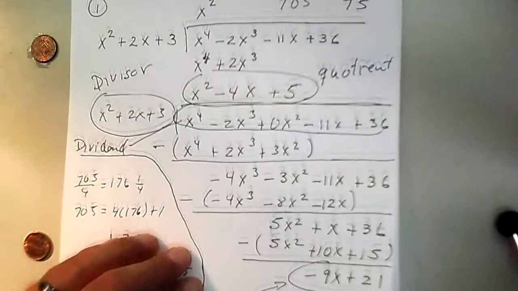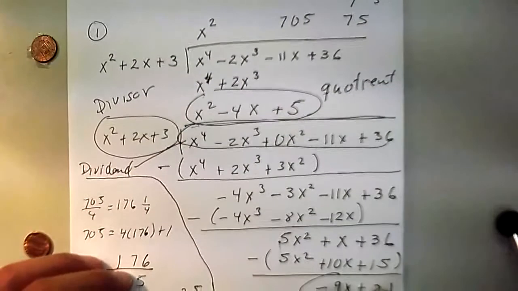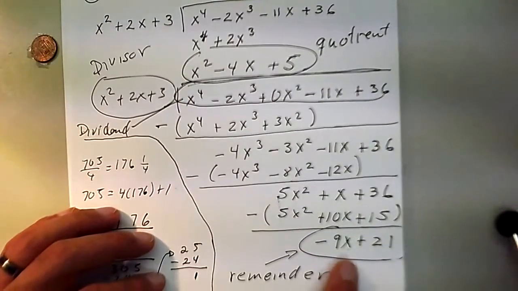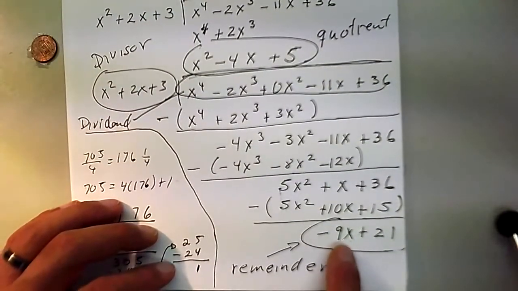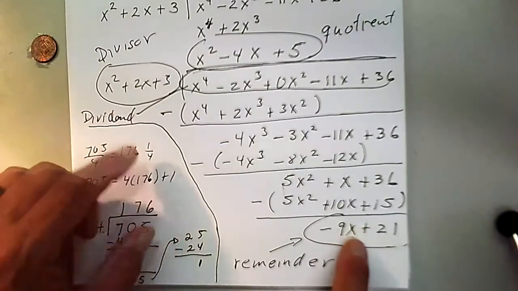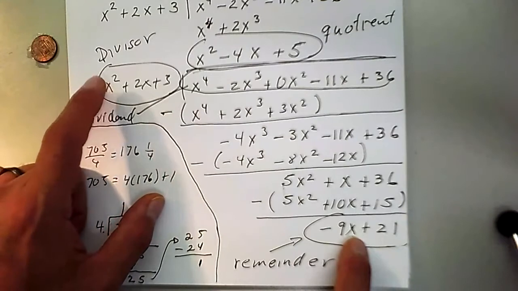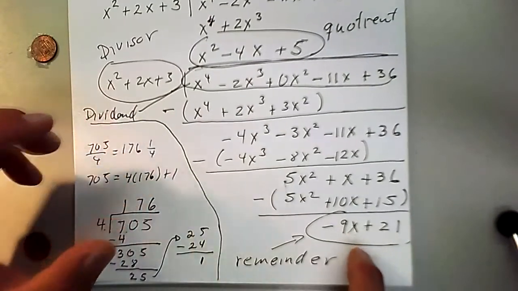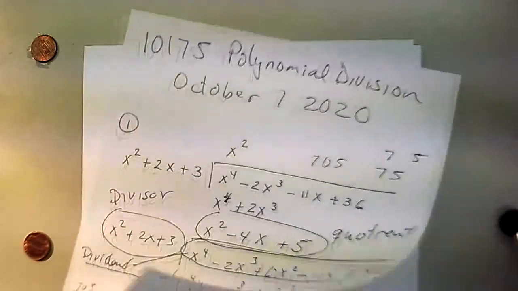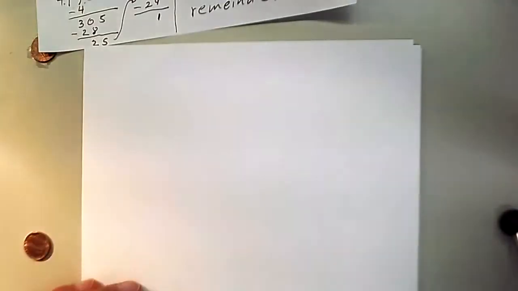Anyway, now, why don't we continue? We don't continue because the degree of this polynomial is 1, which is smaller than the degree of this polynomial, which is 2. So the size of a polynomial is given by the degree of the polynomial. So let's talk about size for a moment.